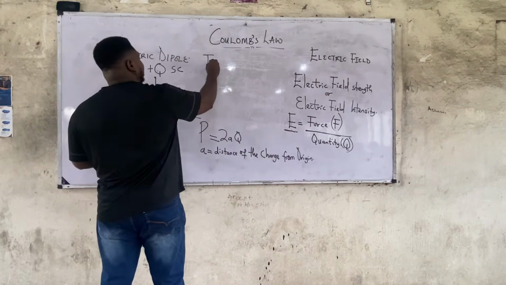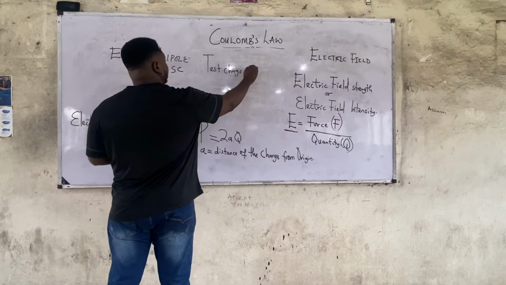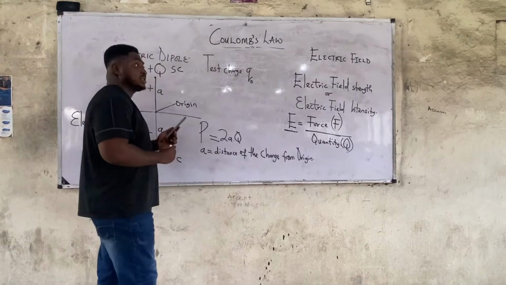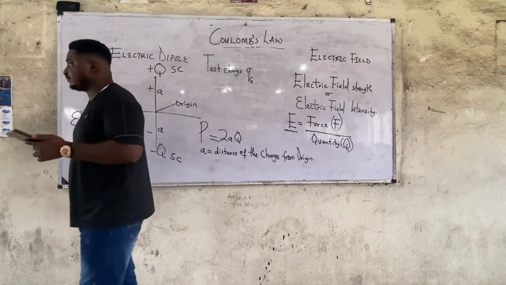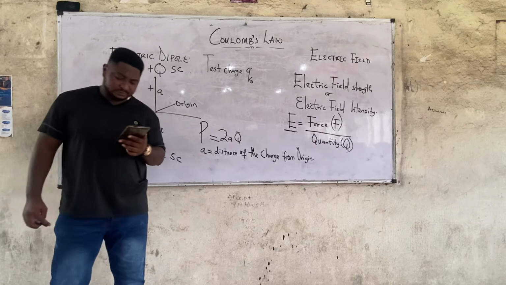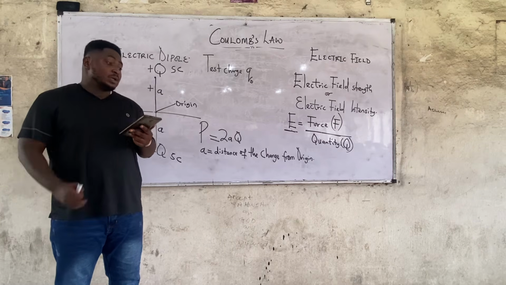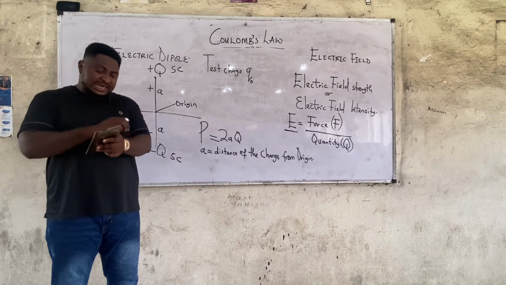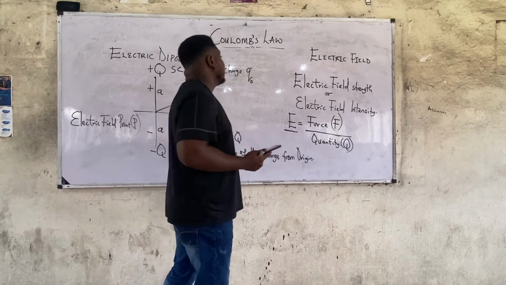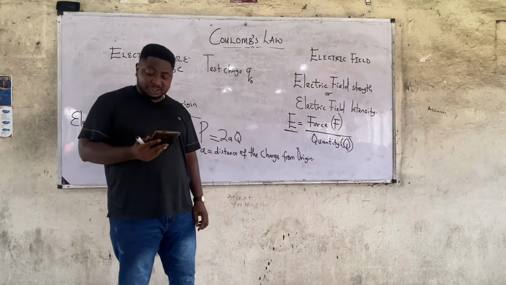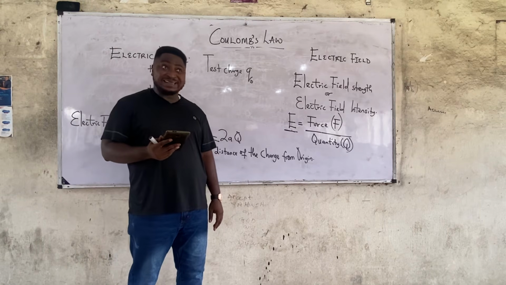Test charge Q naught is a small positive charge placed at the electric field point and is used to determine or measure the electric field at that point.